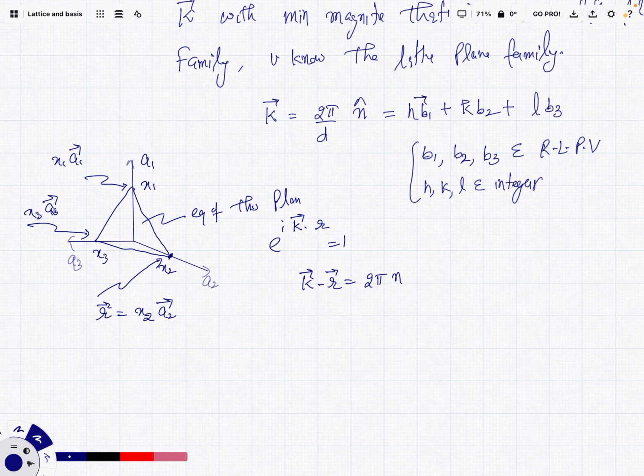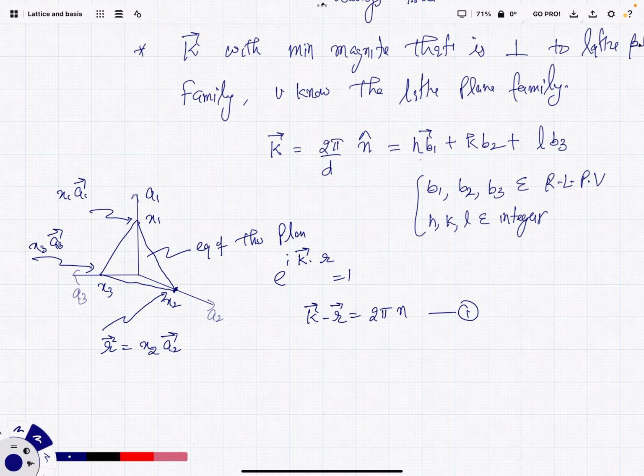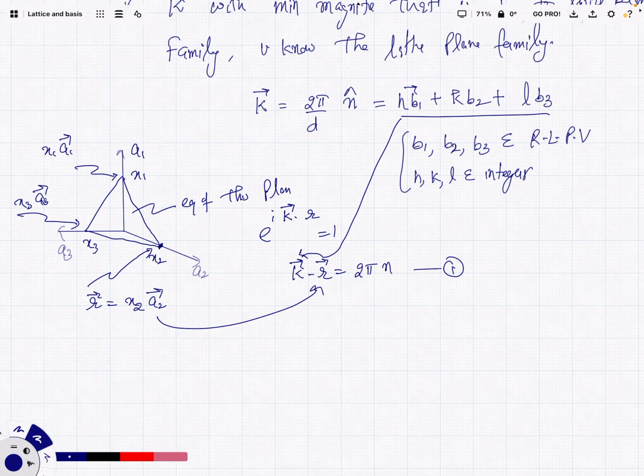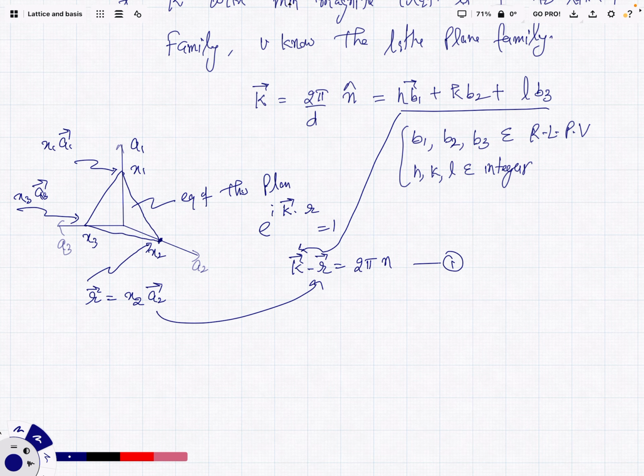So I can write this equation as 3 different equations. This has to be true all the time. I put this K here and these R's here, and I get 3 equations. And I know that Ai into Bj is 2 pi into delta ij.